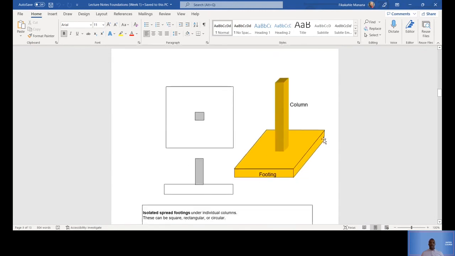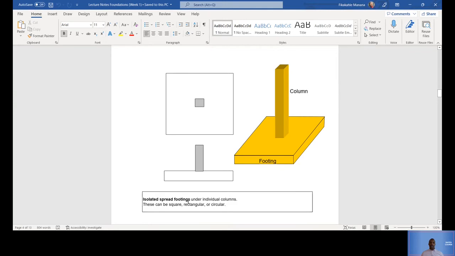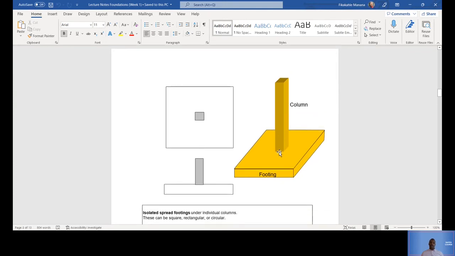As you can see here, we have the footing, which is the foundation, and a column. Now these ones are called the isolated spread footings. Okay, the first type of shallow foundation that we need to understand is this one called isolated footing. The reason it's called isolated is because each column has its own footing, has its own foundation.